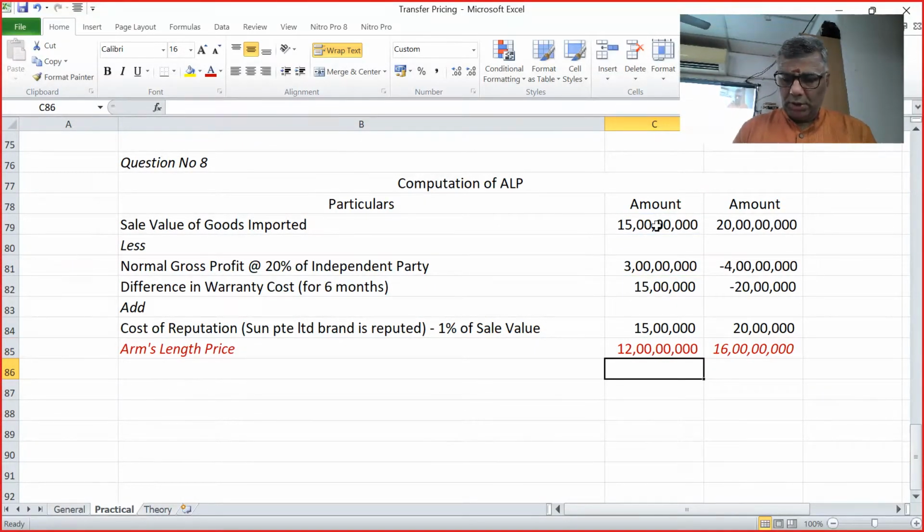Okay, so if for 15 crores it is 12 crores, what is it for 100 to 20 crores?